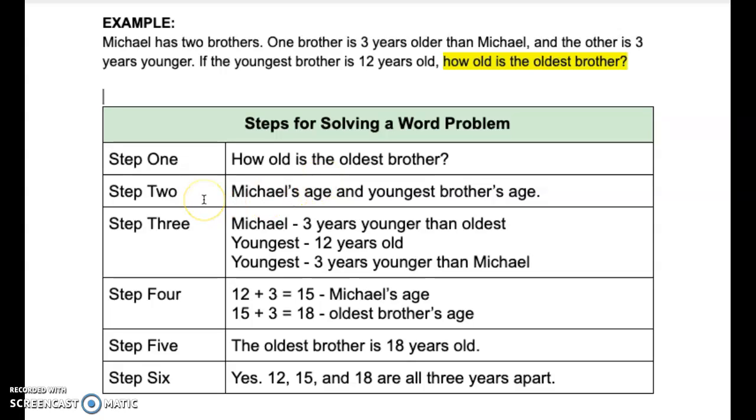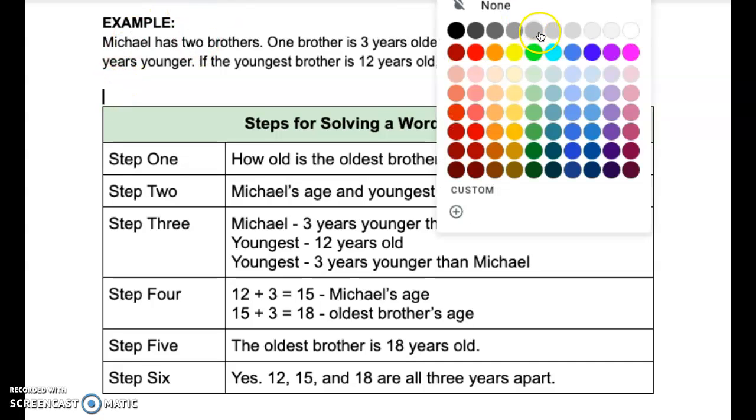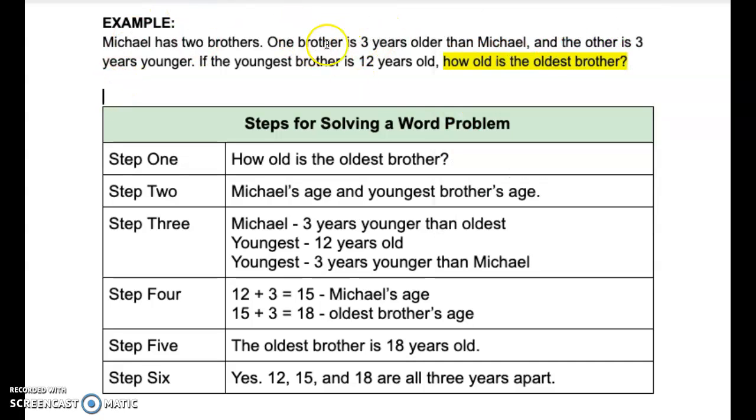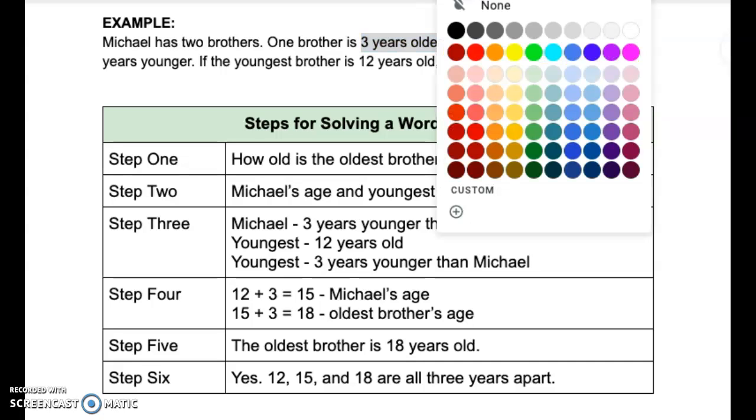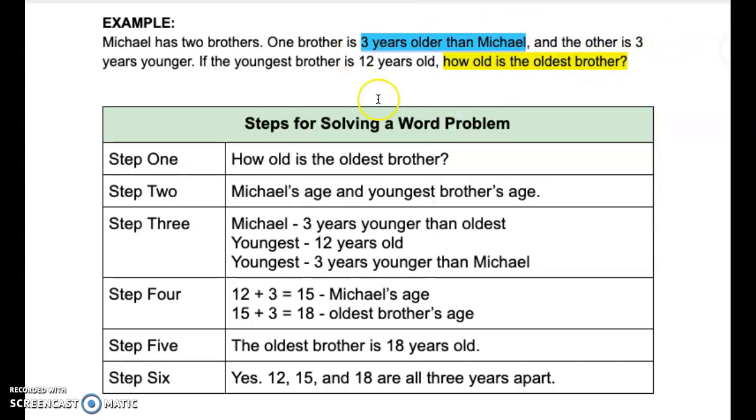Step 2, we're going to decide what information is important. Well, Michael's age and the youngest brother's age. Both of these things are important. So we have 3 years older than Michael. That's important. And the youngest brother is 12.